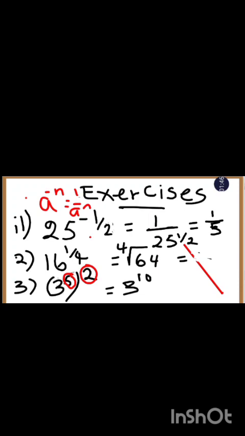And if here is 3, 1 over 3, for example, it will instead be the cube root. So when you see the denominator there, it will be the cube root.